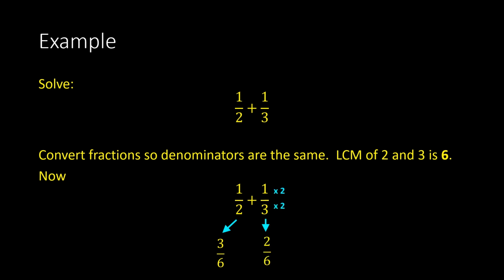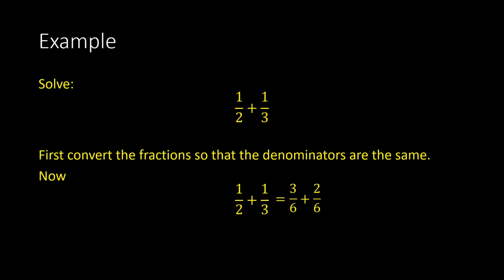Similarly, we're going to multiply the numerator and denominator of 1 over 3 by the same number 2 to give 1 over 3 equals 2 over 6. Finally, add the numerators to give 3 plus 2 equals 5, and leave the denominators alone to give 6.